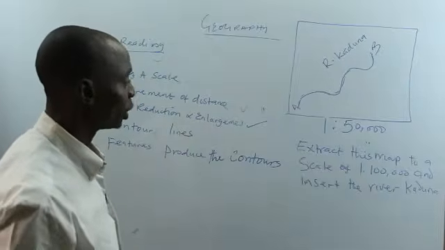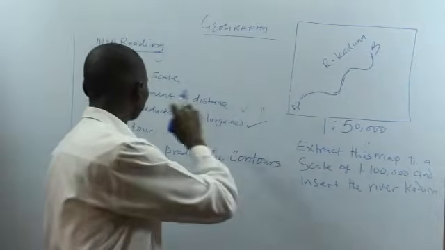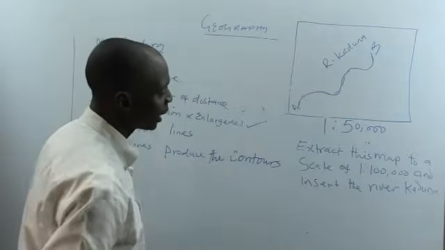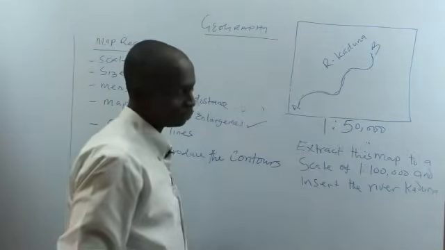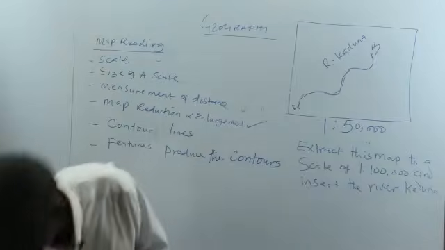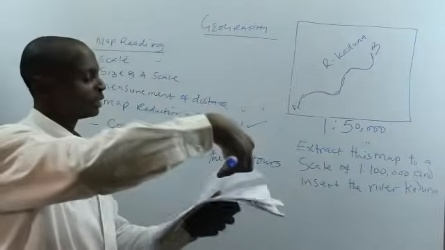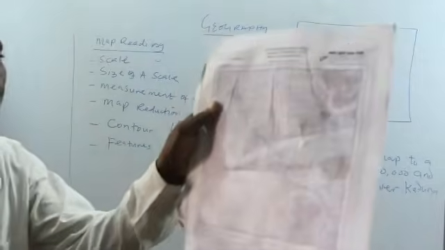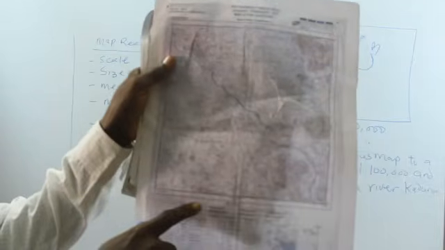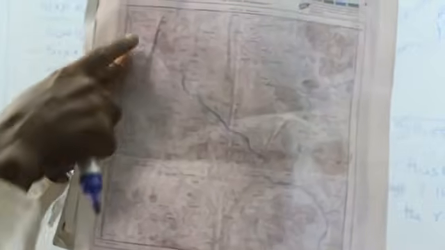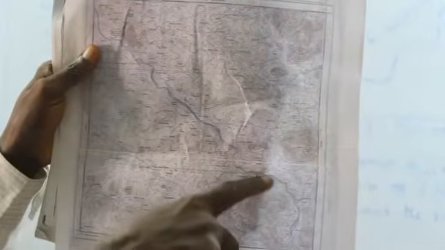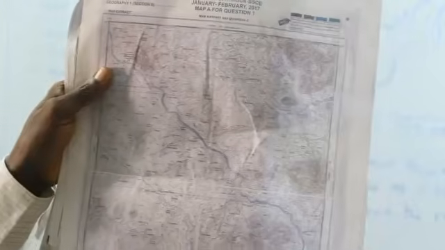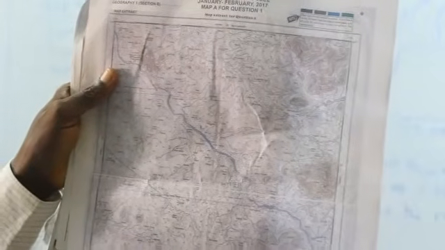Now there is something you must understand. If you are asked either to reduce or to enlarge, remember that the map that is given, for instance, this map we are referring to, has a scale of 1:50,000, and this river is River Kaduna from point A to point B. Can you see it?